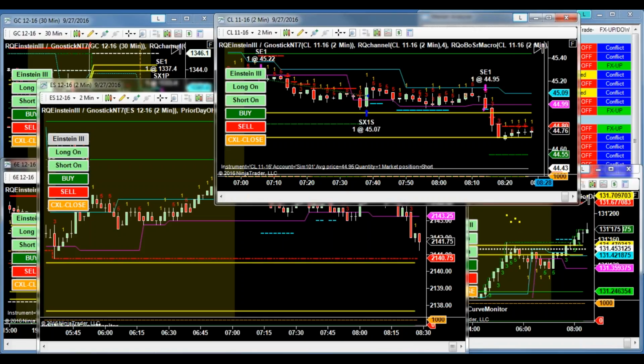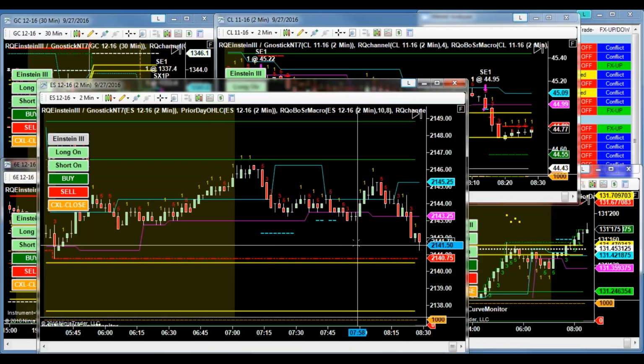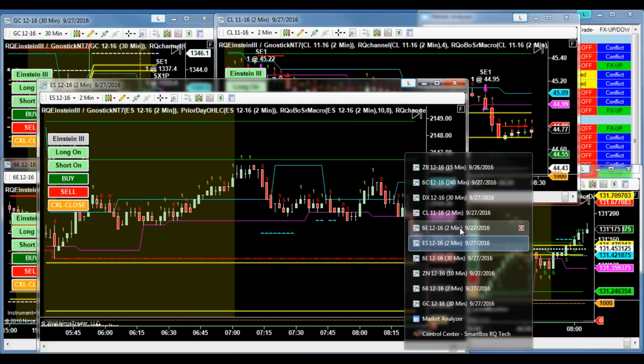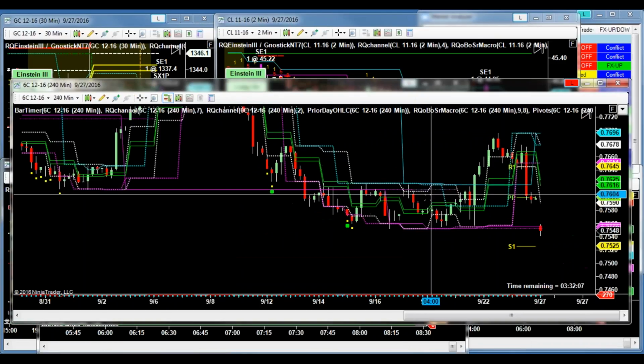I'm going to leave it alone. I'm having a nice day. I'm up $550 with one contract, 3 trades. Let's take a look at the bigger picture on the S&P.